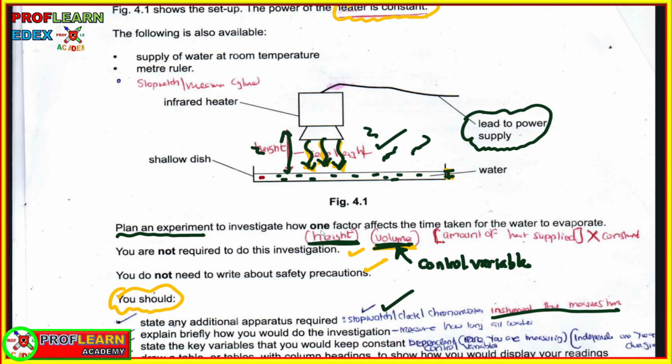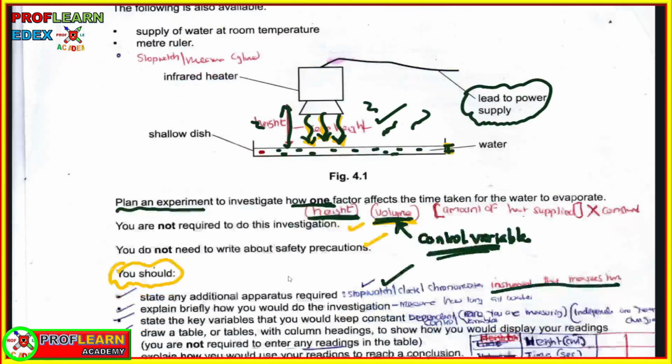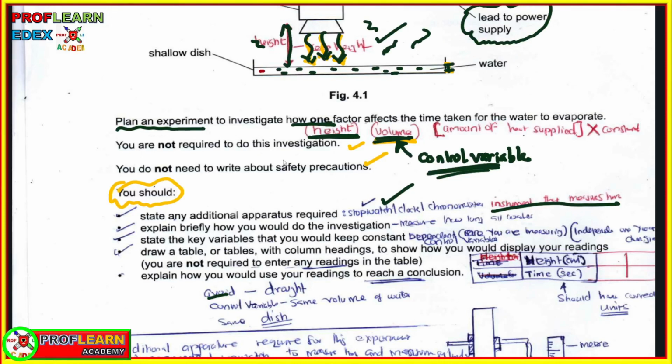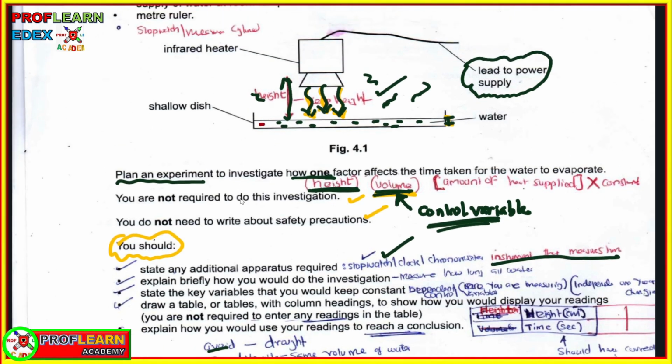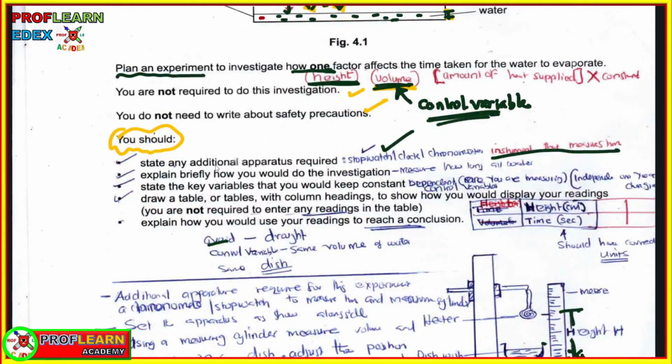But in this experiment, you are supposed to investigate how one factor affects it. For instance, I've chosen height as the factor that we're going to consider, and the rest we are going to take as control variables. You are not required to write the precautions or to perform this investigation, but you need to come up with a procedure you can use.